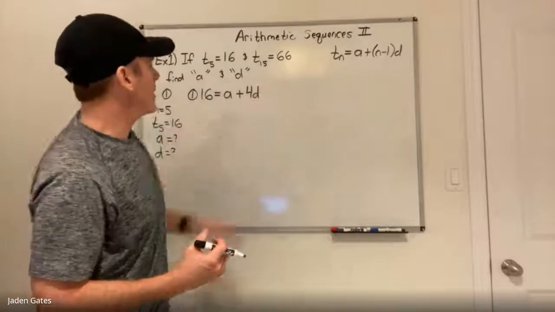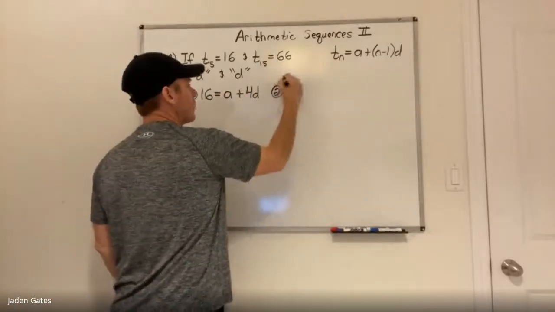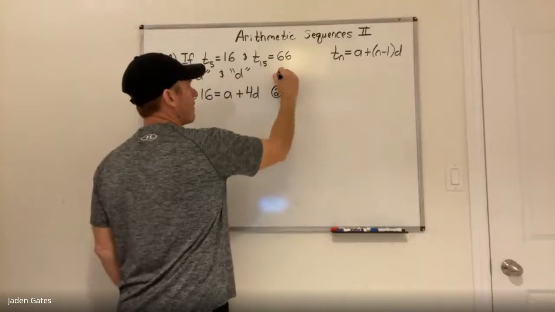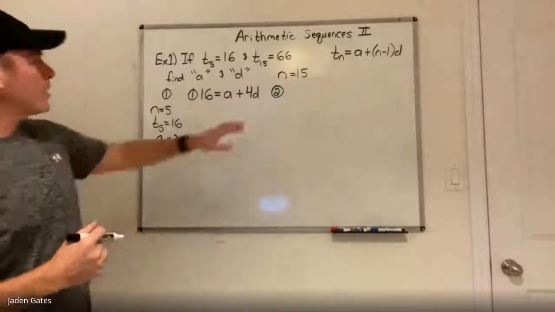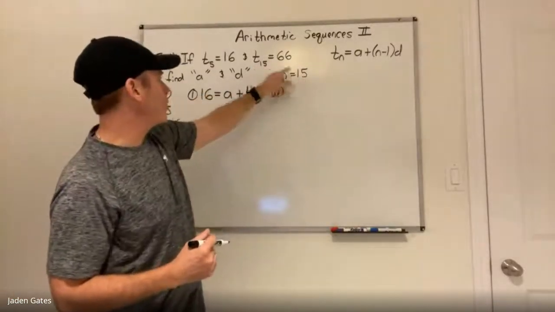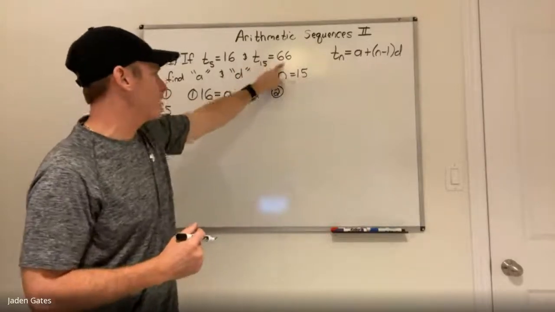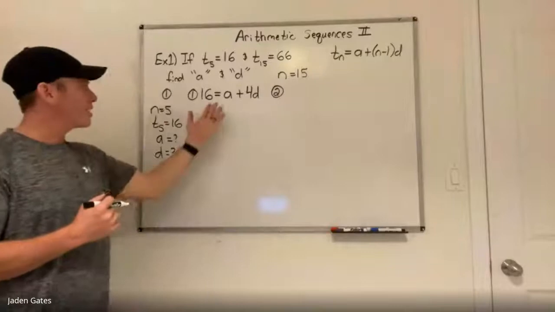Now, I'm going to go over to my second piece of information, the T15, which means we're talking about the 15th term. I know that T15 is 66. I'm going to sub that information into my general term formula, just like I did here.